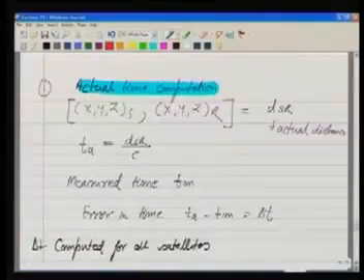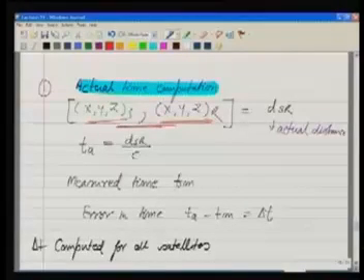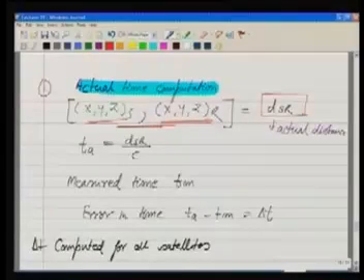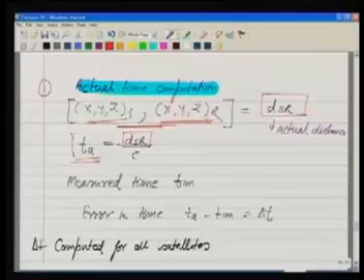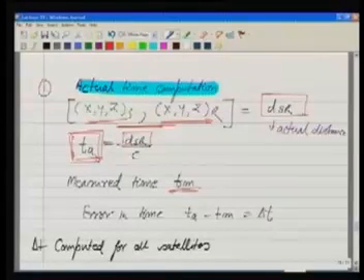Now as we see over here, this is the position of the satellite and this is the position of the reference receiver, which is known. So by using these two positions, we can compute the actual distance, and from this actual distance we can compute the time of travel or actual time which should have been there had there been no errors. But the measured time is Tm because there are errors.